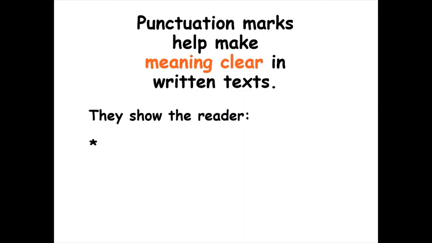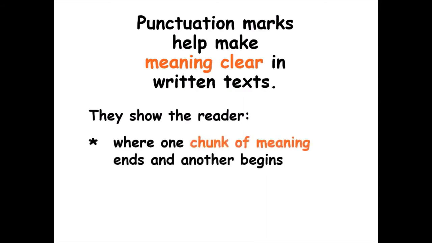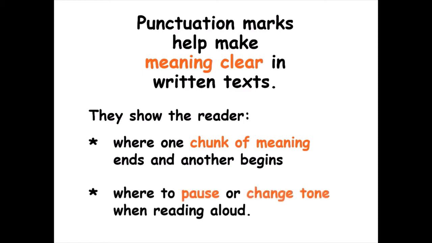Punctuation shows the reader where one chunk of meaning ends and another begins. That means, suppose for example in a long sentence, when you punctuate it correctly, it will show what this part of the sentence means and what the other part of the sentence means. Okay?